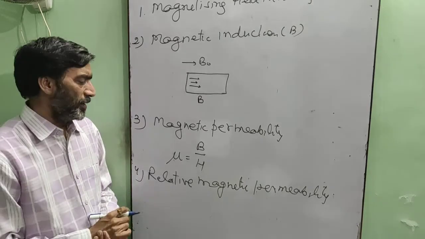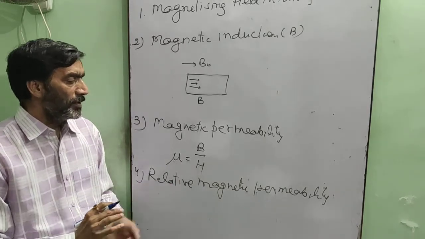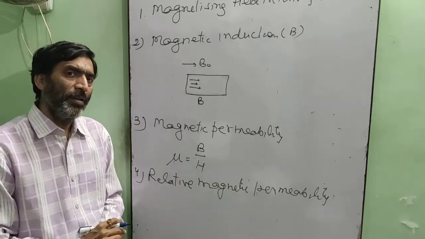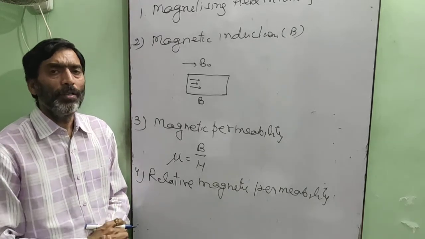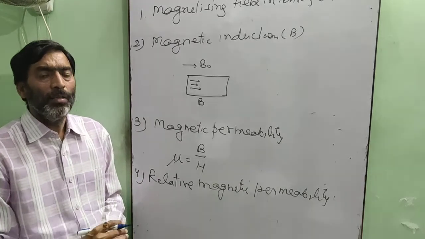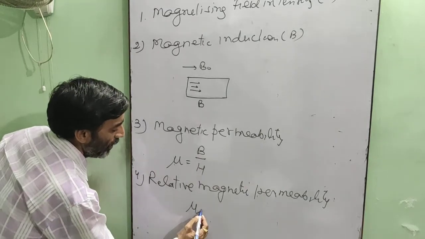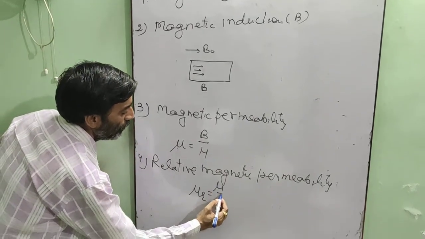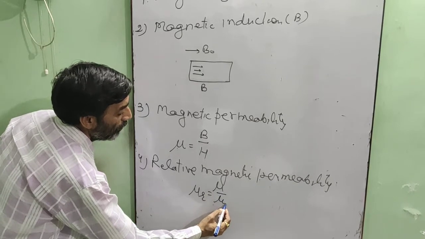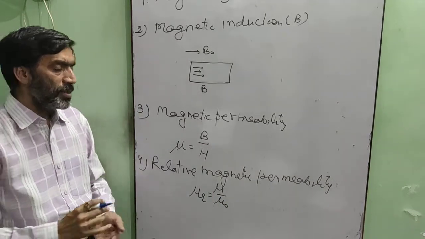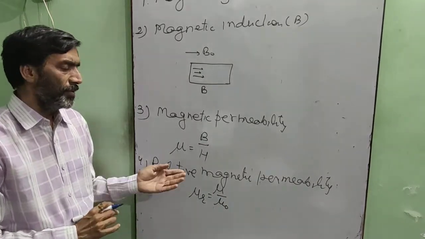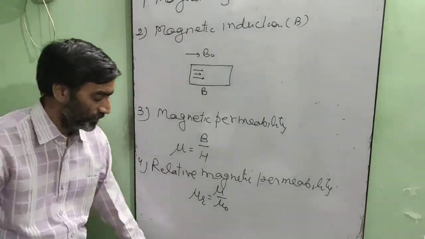In the very same way, the relative magnetic permeability is obtained by dividing the permeability of the substance by the permeability of space. Or we can say mu r is equal to mu upon mu naught, where mu is the magnetic permeability of this material.